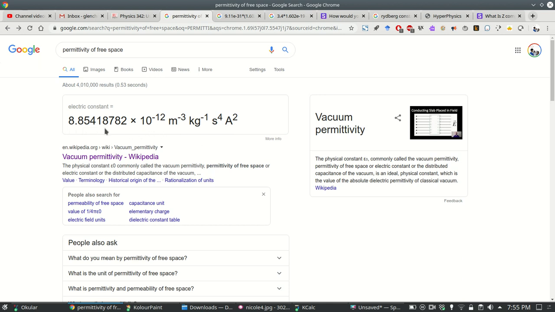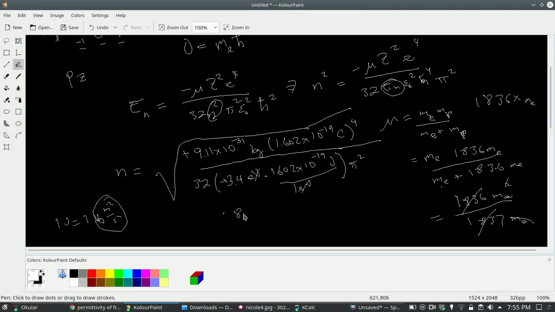Alright, so this is 8.85 times 10 to the minus 12, and this is epsilon naught squared. And then h bar. Now h bar is h over 2 pi, but I'm going to use joules here because I like to use joules. 6.626 times 10.